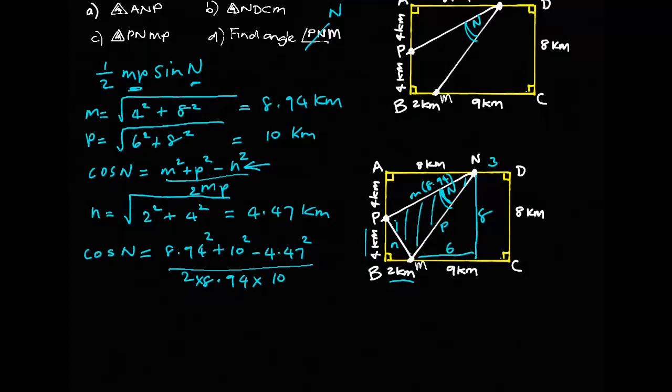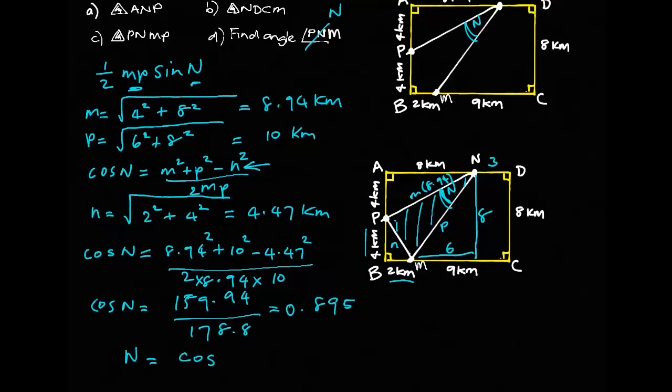So cos n is equal to 159.94 divided by 178.8, which equals 0.89, we'll round that up to 0.895. And lastly, n equals cos inverse of 0.895, which equals 26.6 degrees.